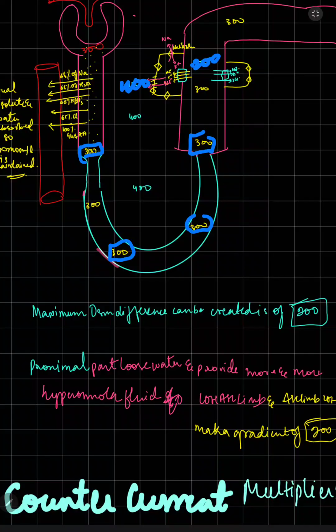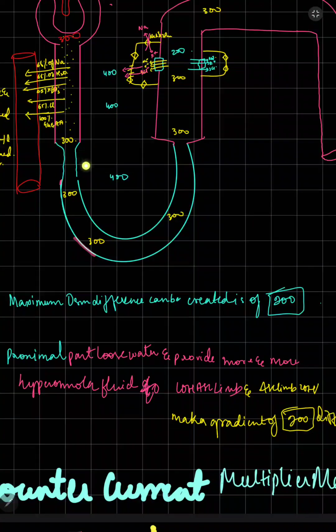Now as it moves down after some time, due to the interstitium hyperosmolarity, it loses water, and the concentration of fluid here becomes even higher at around 400. Now this gets a chance to create again a difference of 200, making 600 as in hyperosmolar fluid.